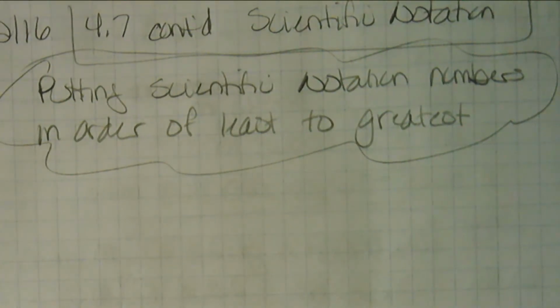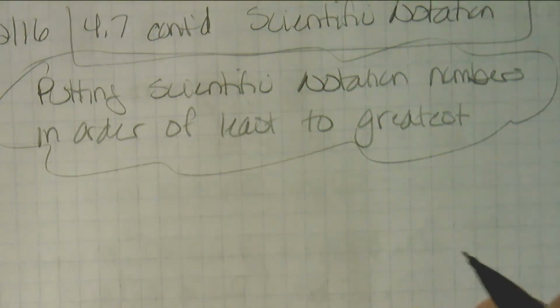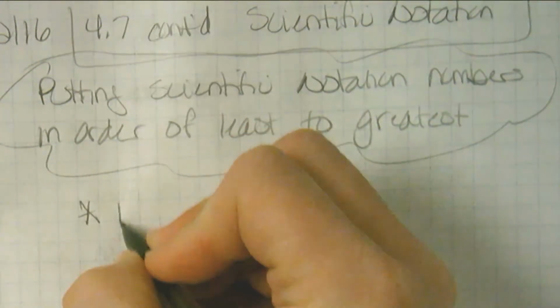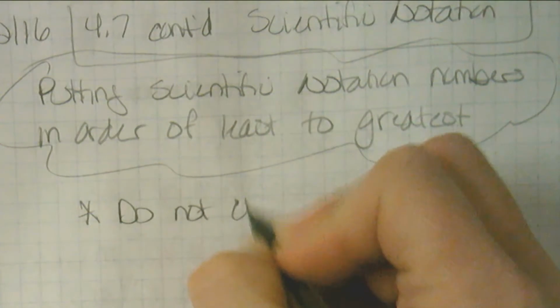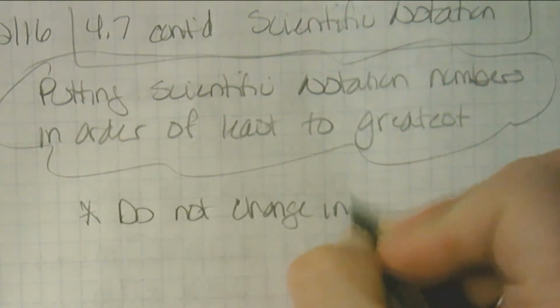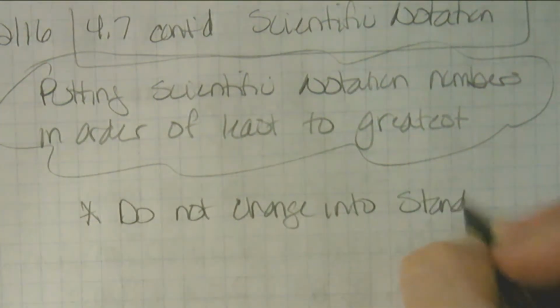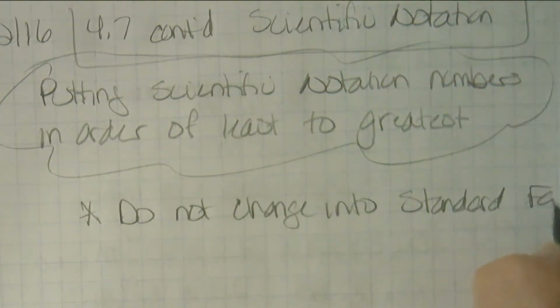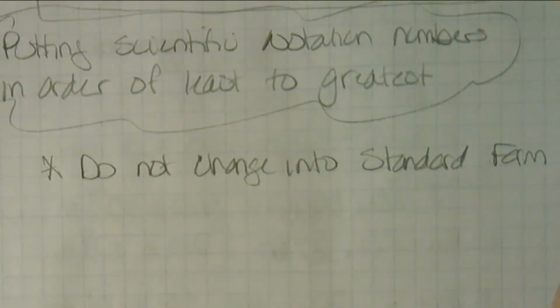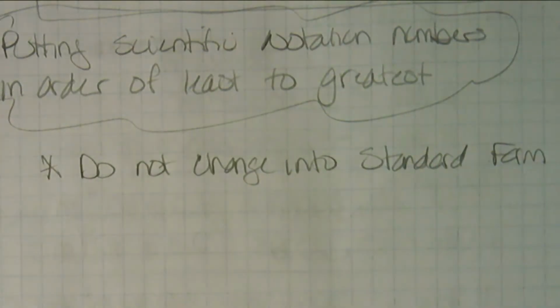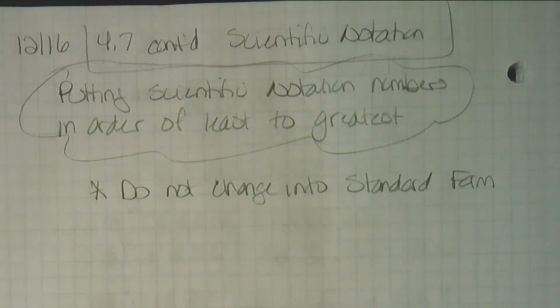Okay, what you're not doing is putting them into standard form. Do not change into standard form. I mean, you could. I'm not saying it's not possible. I'm trying to teach you how we compare numbers in scientific notation without having to put them into standard form.